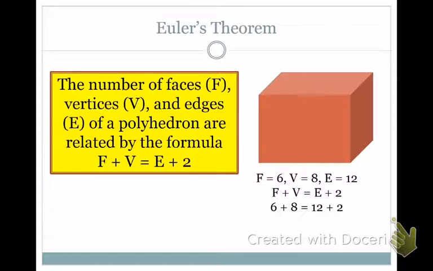It's the line where the faces meet. So you've got 4 on the sides, 4 on this end, and 4 on that. So I add the faces and the vertices, 6 plus 8. I set it equal to 12, add 2, and we get that. That proves Euler's theorem.